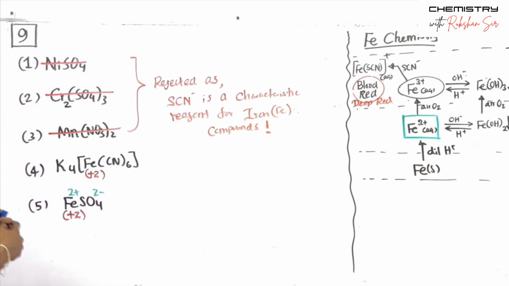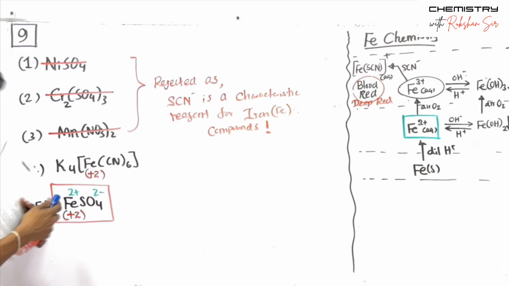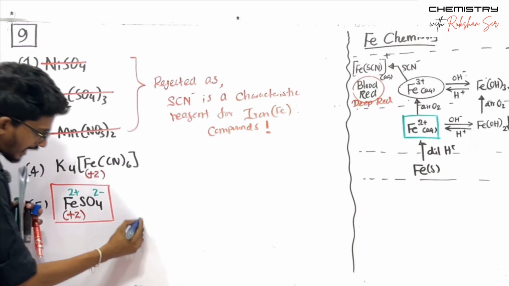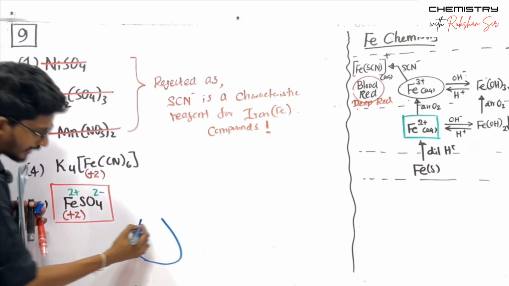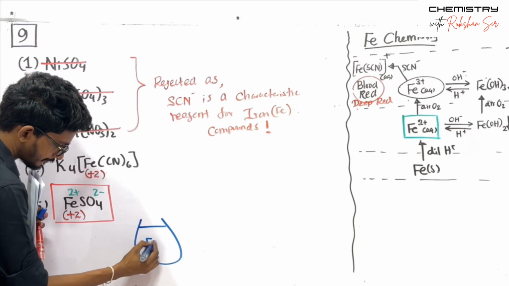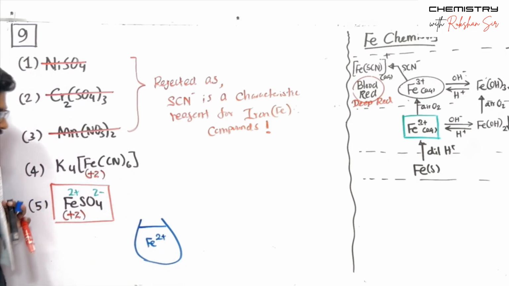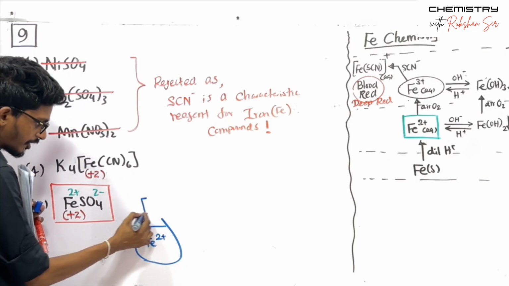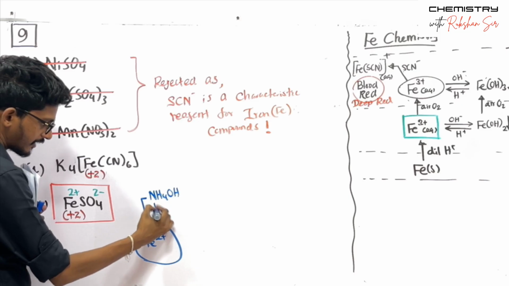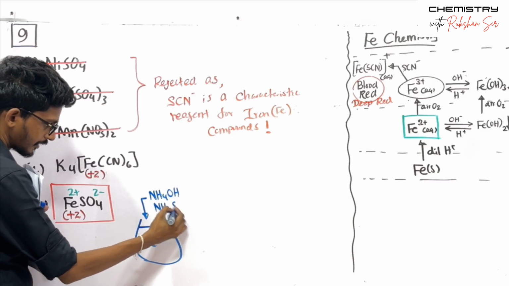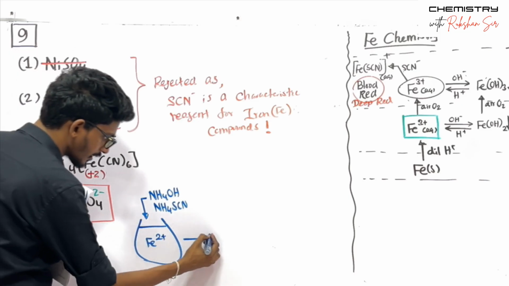So the answer is this. I'll tell you what happened there. It is like this, no? At the starting solution, you had Fe2 plus. Then what you have done? You have added NH4OH with NH4Cl.